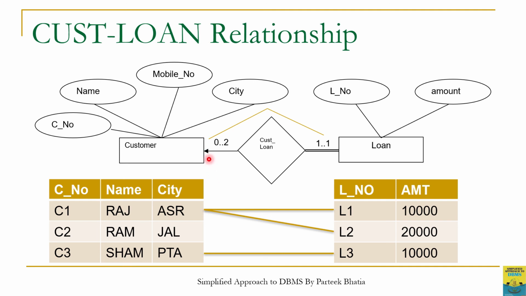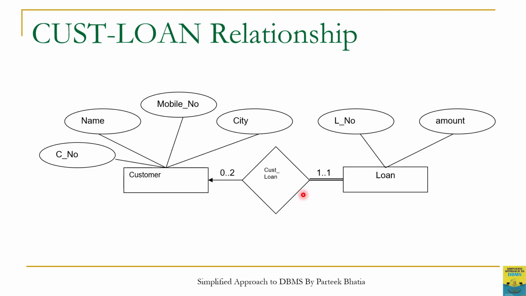So you can clearly see that the connectivity of the customer loan relationship is one to many. It means a customer can take multiple loans, and for a given loan there is only one customer. The participation of customer is partial, while the participation of loan in this relationship is total. It means we may have some customers who have not taken any loan, but for every loan there should be some customer. This is the final ER diagram for the customer loan relationship.